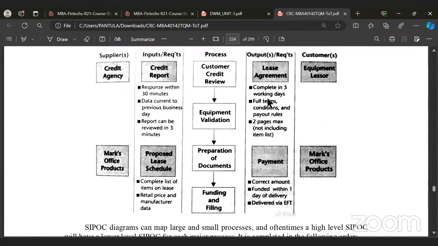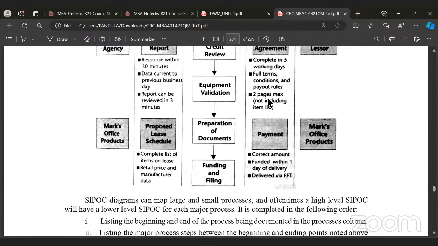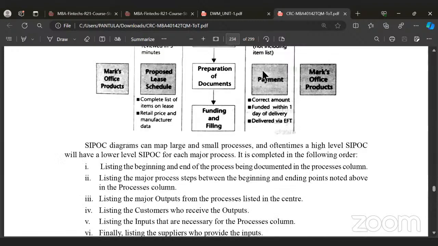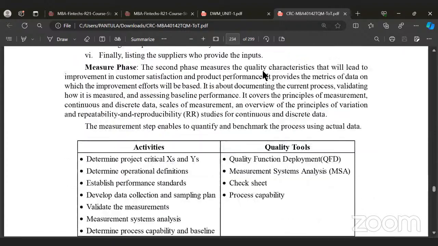This is called the SIPOC diagram: suppliers, inputs, process, outputs, and customer.